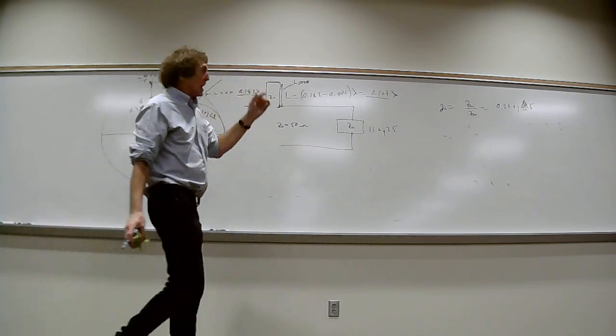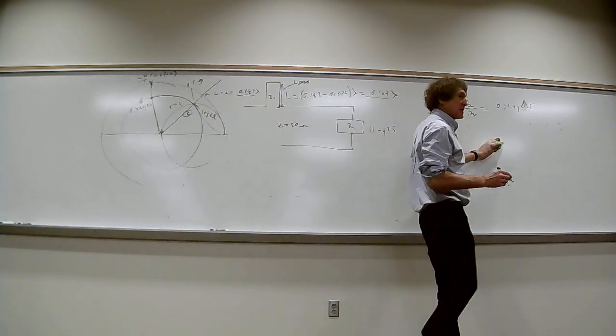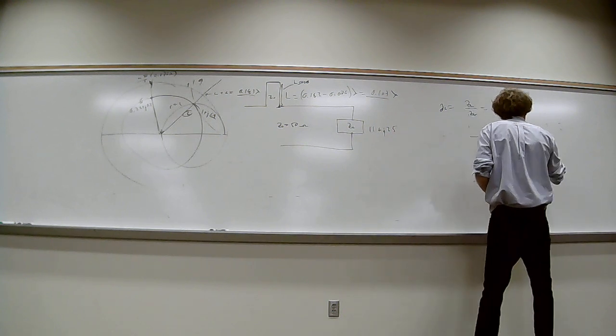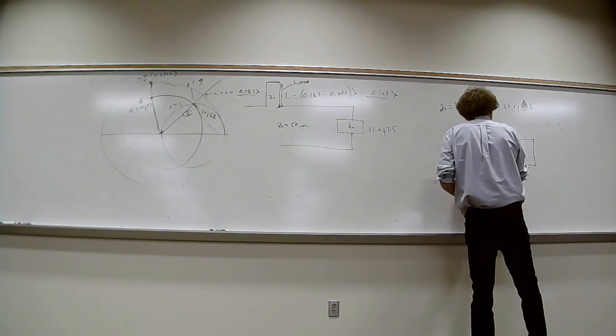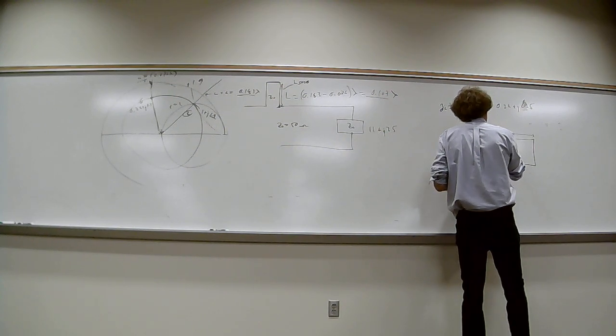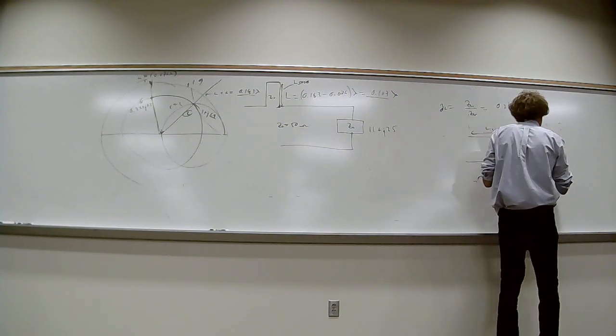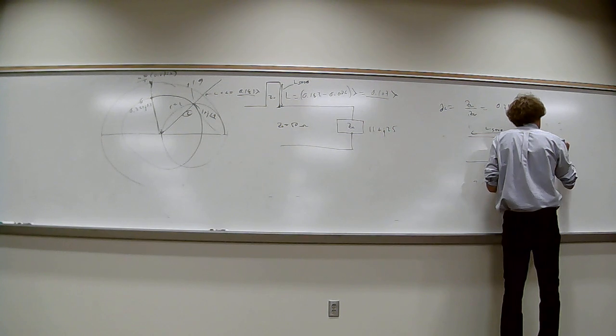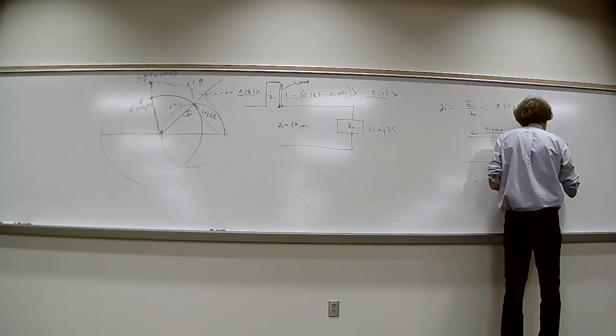So I start with my standard transmission line. I shorted it on purpose, and I need to find this length right here. The impedance of this is 0. That means the admittance of this is infinite, and the normalized admittance is also infinite.